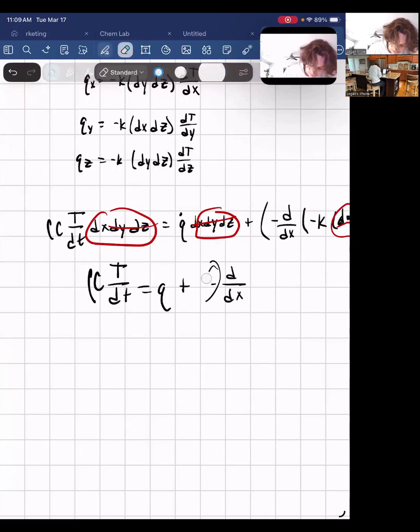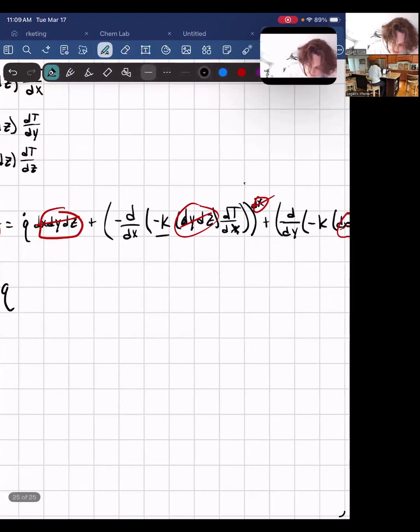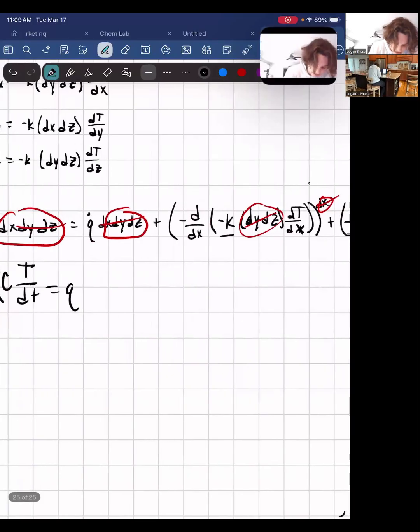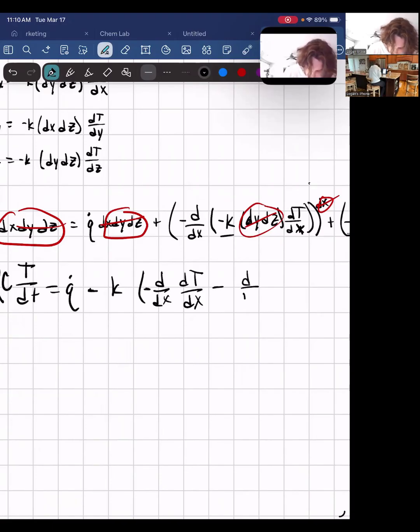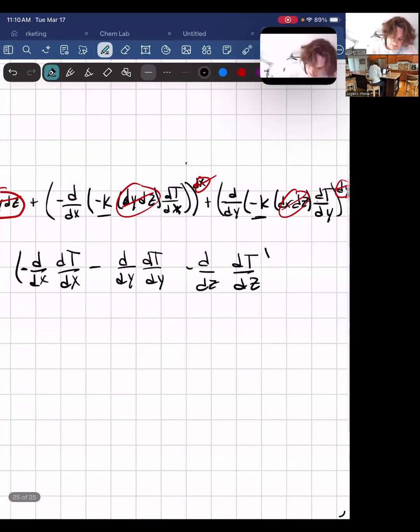And what we're going to do here is factor out our k from each term, right? And so when we factor out our k, we get q minus k times d/dx dT/dx, minus d/dy dT/dy, minus d/dz dT/dz.